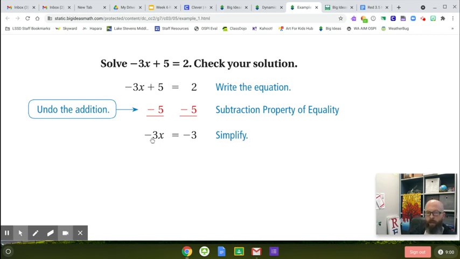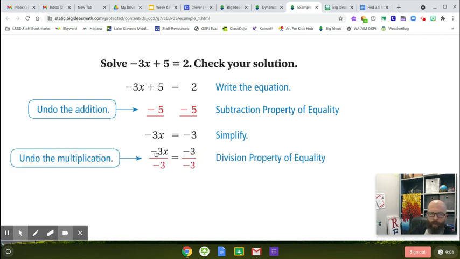The next step, since this is multiplication, negative 3 times x, in order to undo multiplication, I divide. So I'm going to divide by negative 3. Negative 3 divided by negative 3 gives me 1, and that leaves me with just 1x all alone.